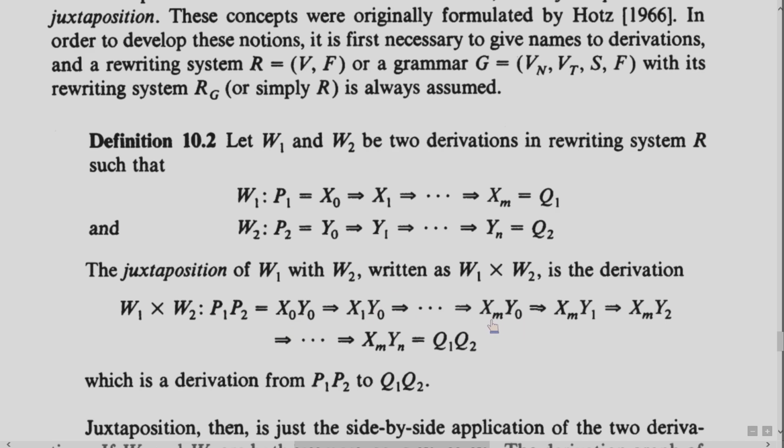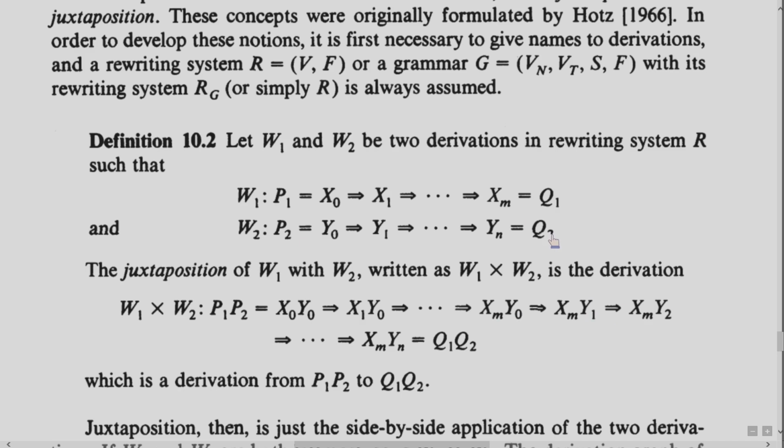Once we have reached the last derivation step of the first part, after that we will replace y0 with the next replacement, which is y1. So after this we will have xm y1, and after that xm y2, and so on until xm yn in the last, and this xm yn is also written as q1 q2.